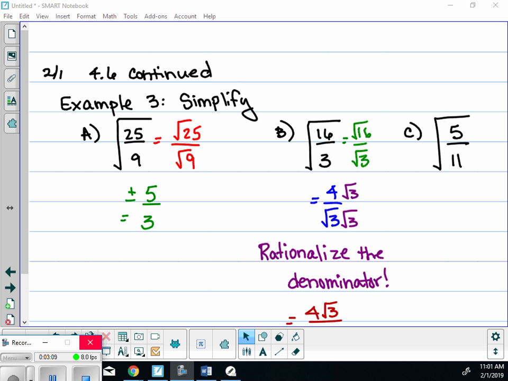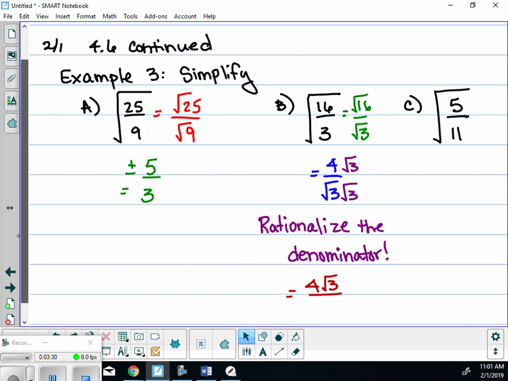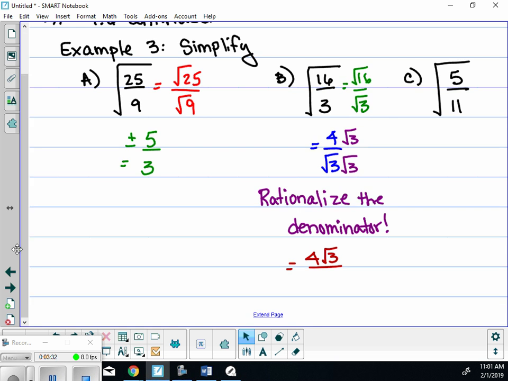In the denominator, what happens when I take the square root of 3 times the square root of 3? We would get the square root of 9, and the square root of 9 is 3. Whenever you multiply the same square root times itself, you just get the number. So the denominator would just simplify to 3. So that would be our answer for that one.